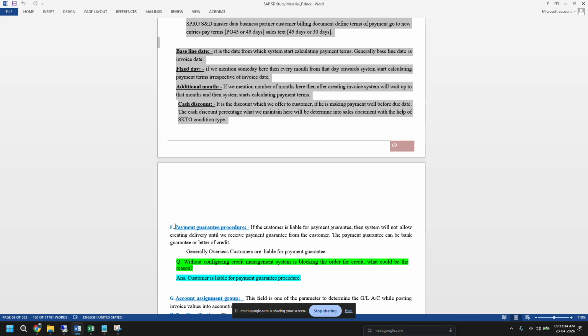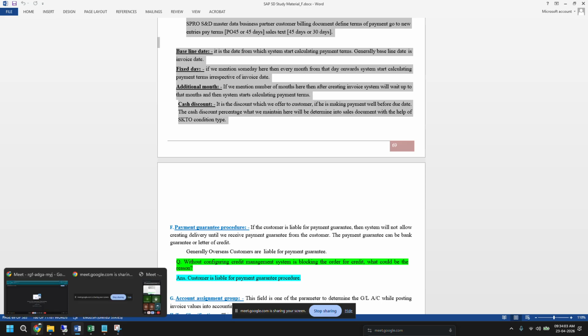Or sometimes the small company goes to the bank, deposits some money, and gets a letter of credit. A letter of credit is some sort of assurance, a document the small company gives to the big company: see, this bank has given me this letter. You can trust me, and if I am unable to pay the money, the bank will be responsible for my payment. Right? This kind of business is happening in the real world.